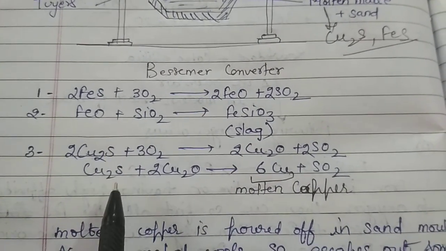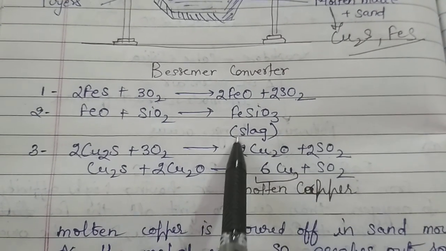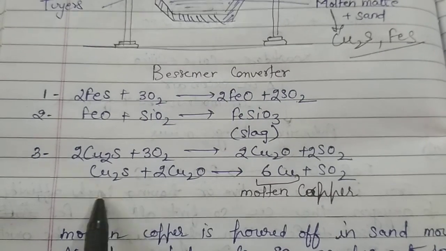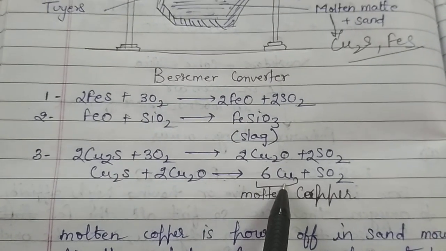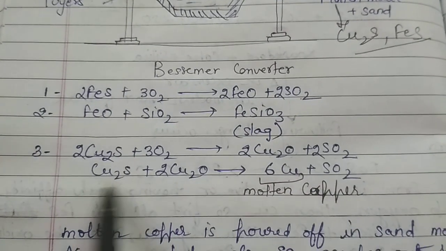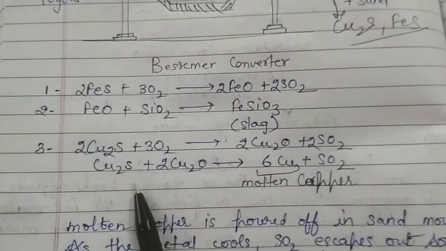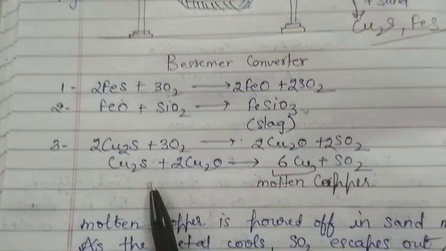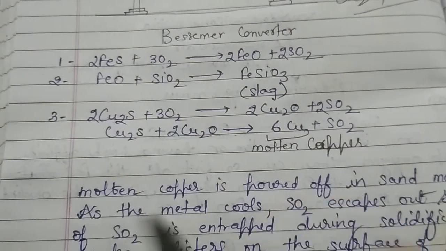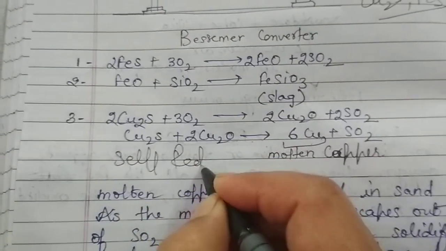Now this copper sulfide reacts with this partially oxidized copper oxide to form molten copper, and sulfur dioxide is formed. This is the example of self reduction that we have already discussed during the different reduction processes. You may write it is self reduction.